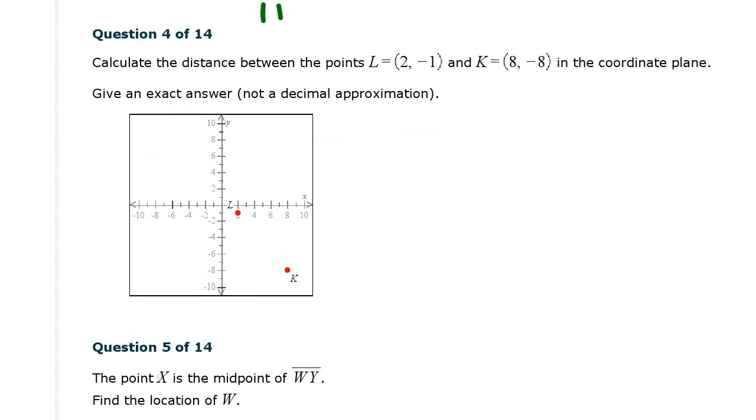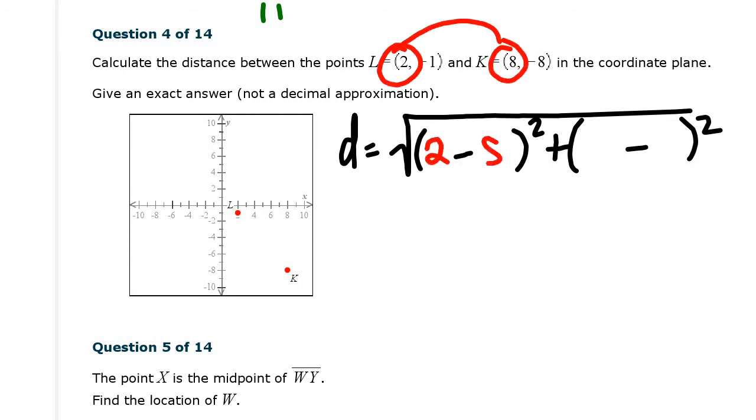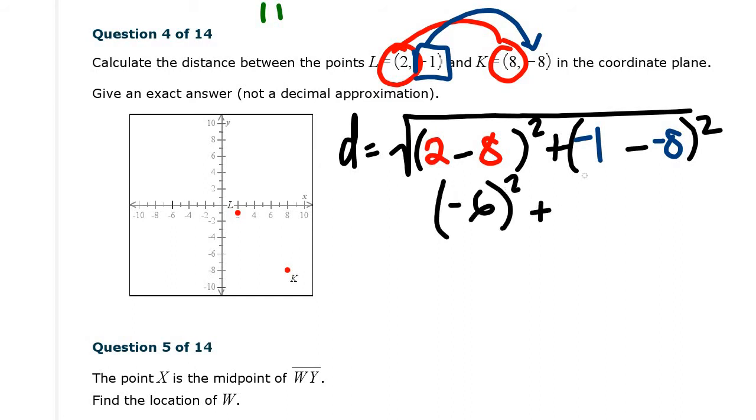Calculate the distance. The distance equation, distance equals giant square root. Subtract the x's, parentheses squared, subtract the y's, parentheses squared. Left to right. Two minus 8 is negative 6. Double negative makes a positive.